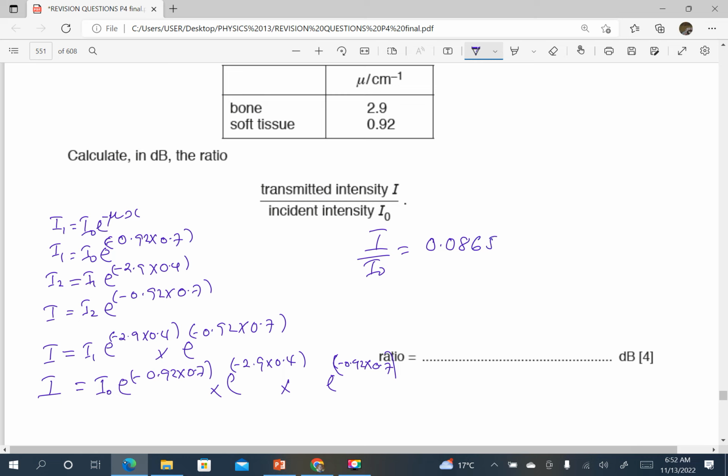Now we need the ratio in decibels. Remember I said decibels is 10 log of that value. So this would be 10 log of 0.0865. So press our calculator again. So this is negative 11 to two significant figures. In decibels, it is negative 11. Okay.